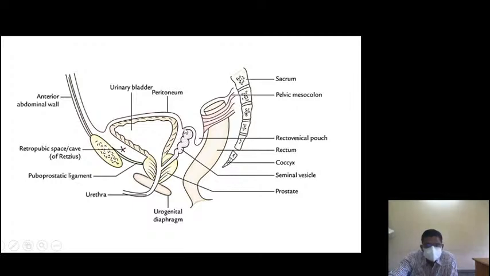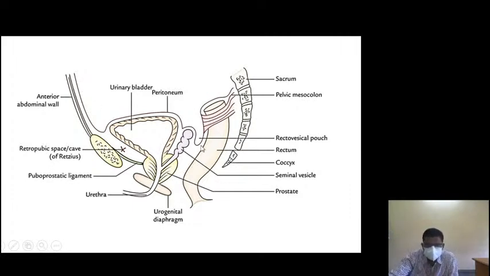Then it covers the superior surface of the urinary bladder, where again it continues as the parietal peritoneum towards the anterior abdominal wall.